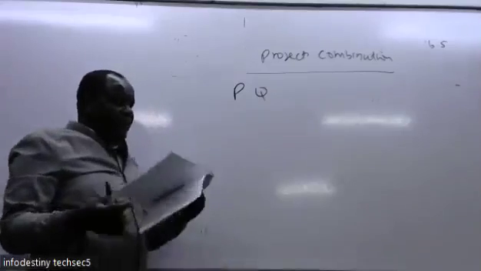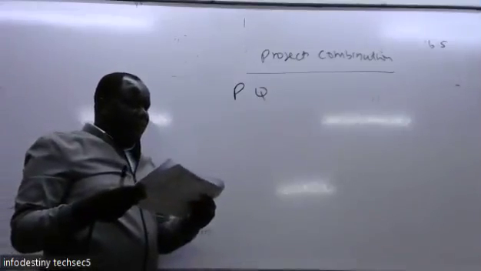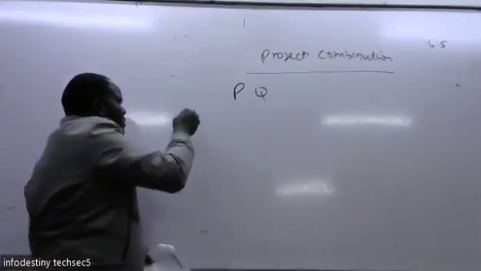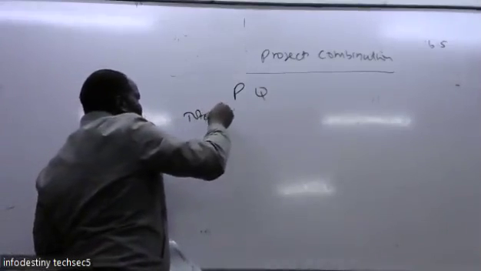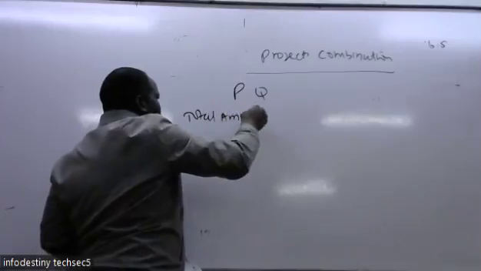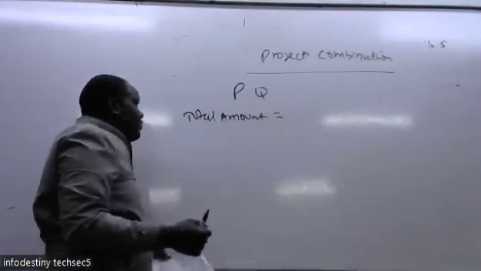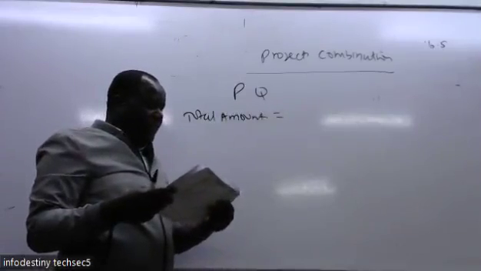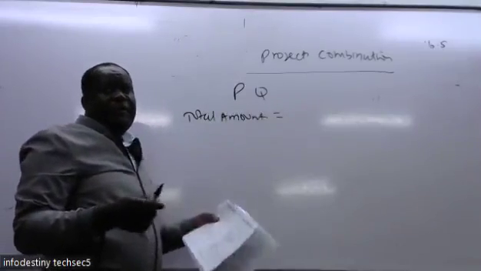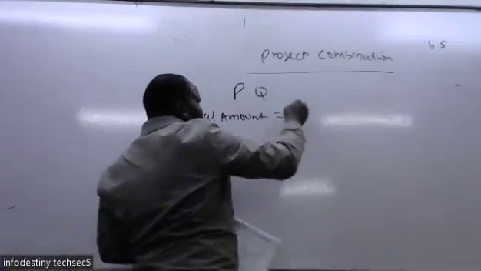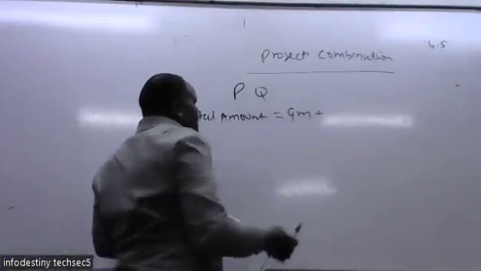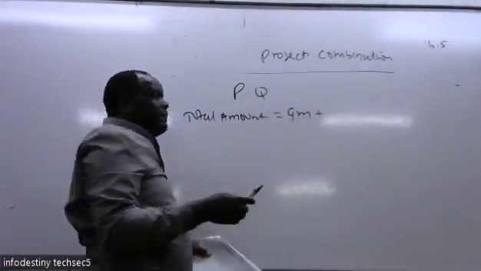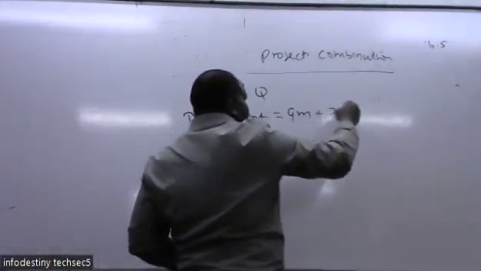Under PQ, you want to get the total amount. P is 9 million, and Q is 7 million.